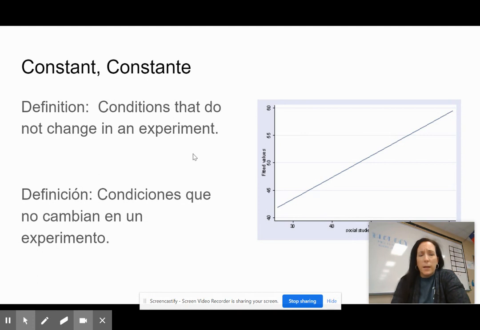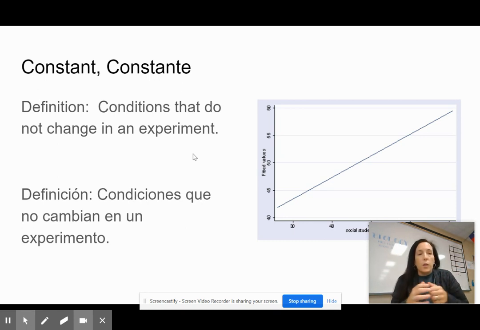The constant is everything else in the experiment that stays the same. For example, if I'm doing the paper towel experiment, I have to use everything else the same, so I can absorb water the whole time with the different brands of paper towel. I need to be in my classroom the whole time. I need to keep my environment the same.